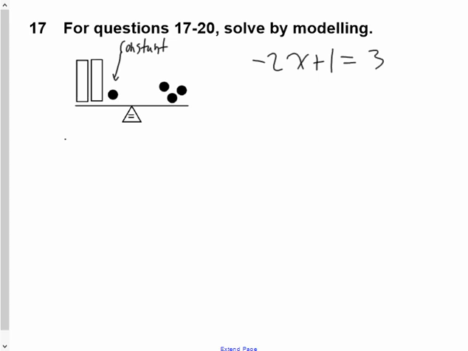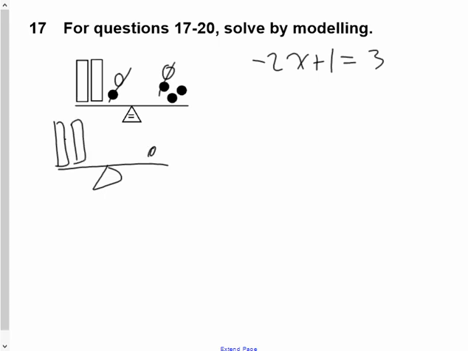Here we go. So the first thing I'm going to do is I'm going to add a negative 1 to both sides. And the reason why I'm going to do that is because it gets rid of my constant and is one step closer to isolating the variable. So by putting a negative 1 on both sides, I end up with 2 negative x's is equal to positive 2. Divided into 2 scales. If 2 negative x's equals positive 2, then each of these negative x's must be equal to a positive 1.